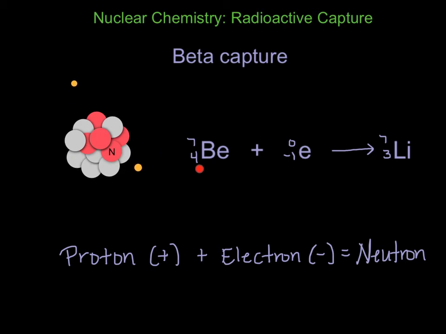So we went from an atomic number of 4 to an atomic number of 3, so we decreased by 1, and we went from an atomic mass of 7 to an atomic mass of 7, so our atomic mass stayed the same. And what beta capture is going to do overall is combine this proton with an electron to form a neutron and increase the neutron to proton ratio to get our nucleus to a more stable state.